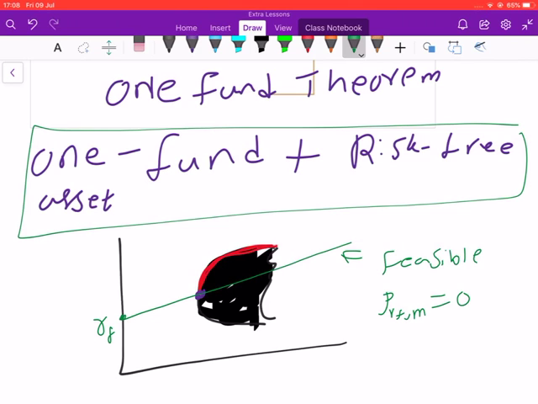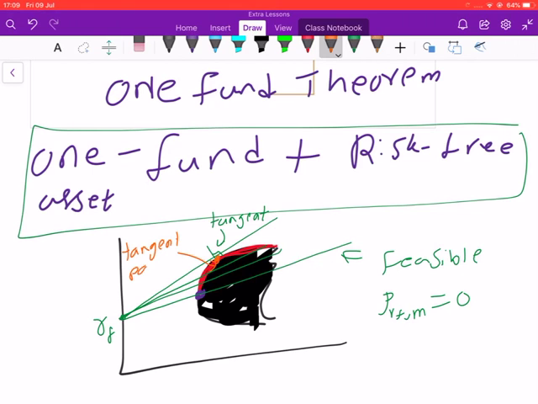We know that we can keep on increasing this to a point where it touches this graph at a tangent. We can call this portfolio here a tangent portfolio.